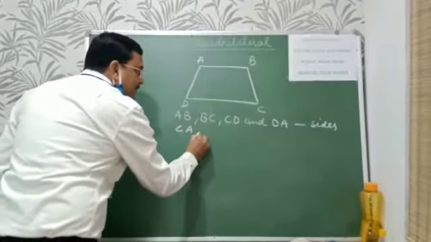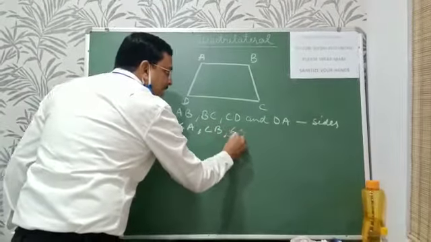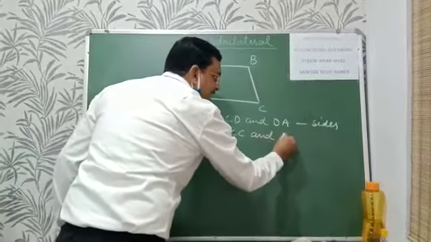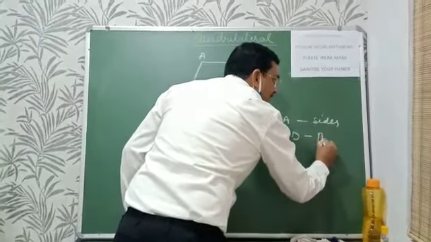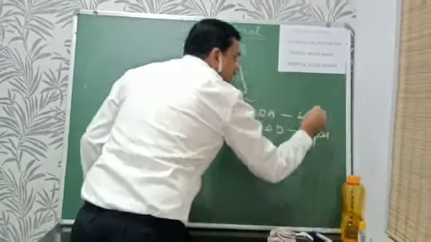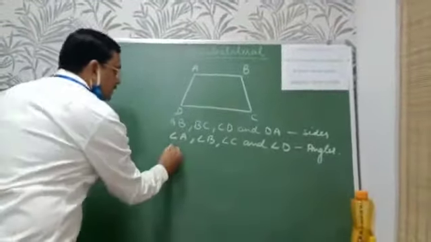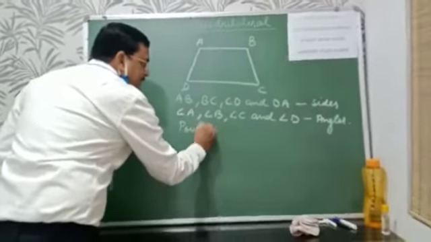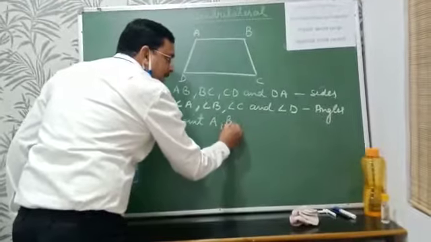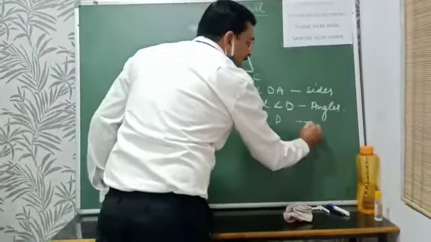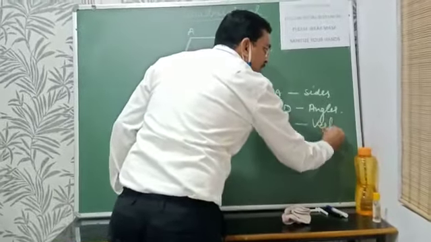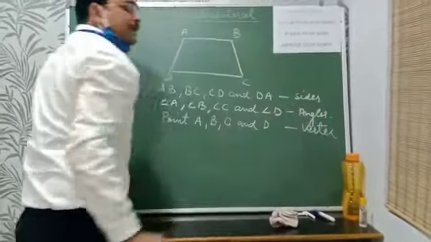Angle A, angle B, angle C and angle D are the 4 angles of the quadrilateral. Points A, B, C and D are the 4 vertices of the quadrilateral.